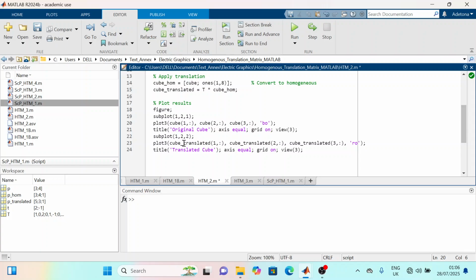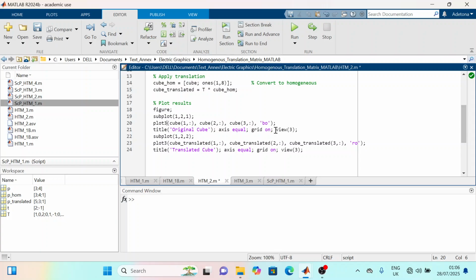Then you want the grid to show, and you are telling MATLAB that you are doing a 3-dimensional plot, and therefore fill 3-dimensional plot, so that it will not give you a 2-dimensional plot. That is what we are going to do.